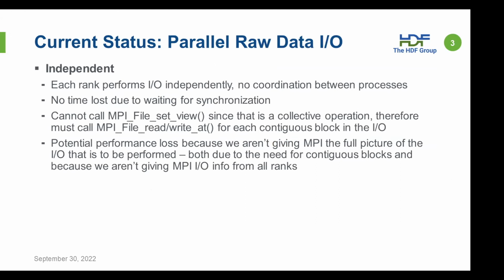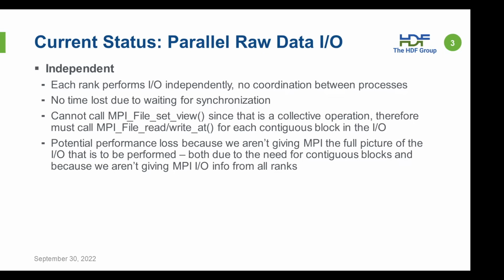If multiple ranks are doing a write, then every rank just does it at their own speed, and there's no coordination between any ranks. This has the advantage that you're not waiting for other processes to catch up before you can do your IO. But the downside is that we can't call MPI_File_set_view, because that's a collective operation, and with an independent operation, we don't know that all processes are participating.